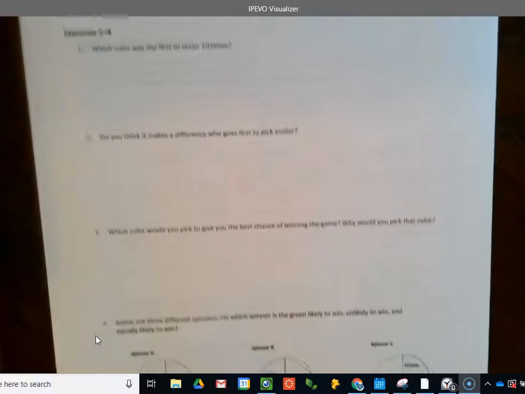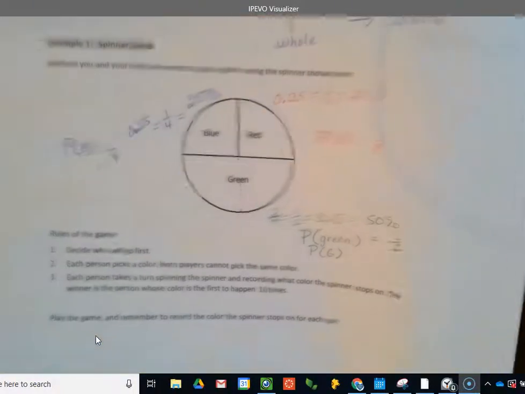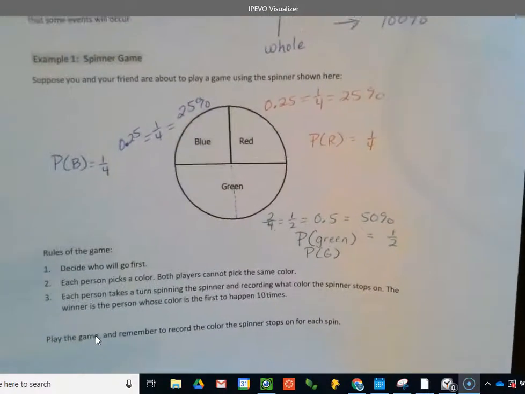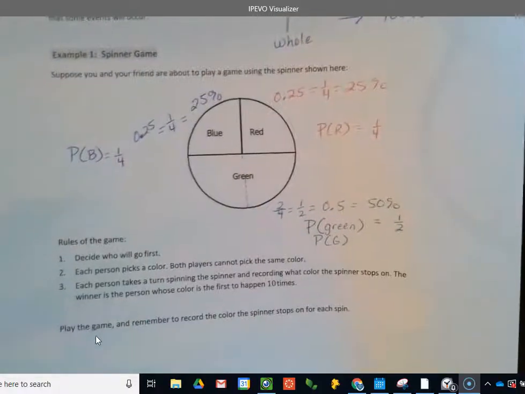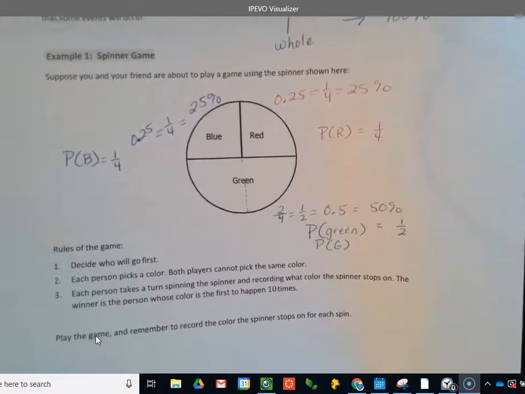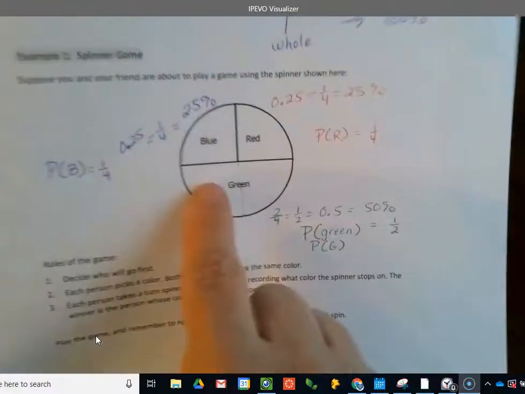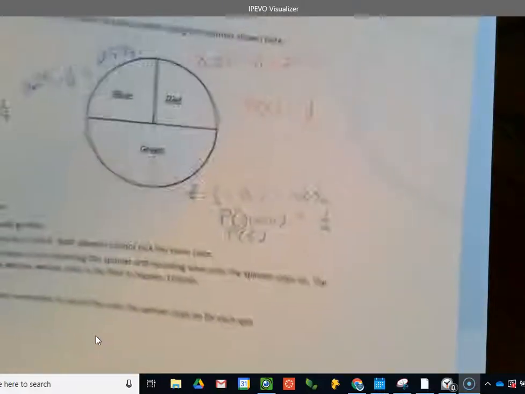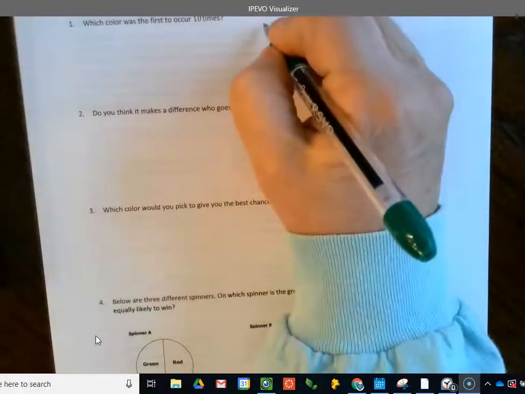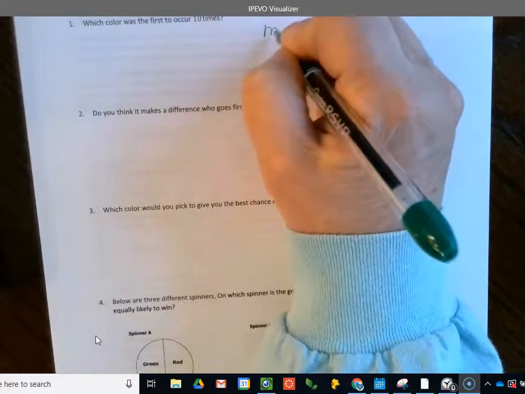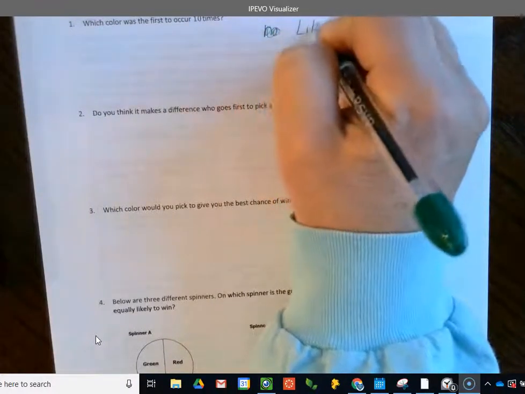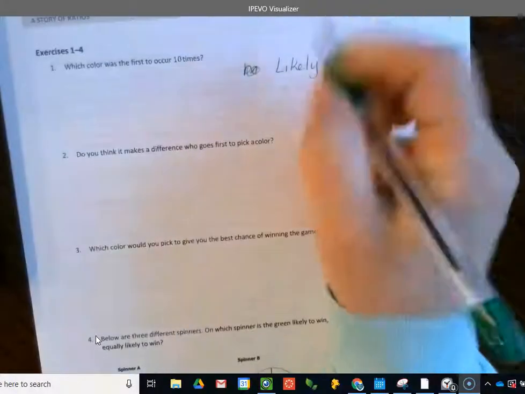Now, if we move on to the next part, just by chance, looking back at that picture here, which one do you think you would land on most frequently if you were spinning? Or what color would you be most likely to land on? Well, since there are 2 of the green, it's likely that we would land on green.